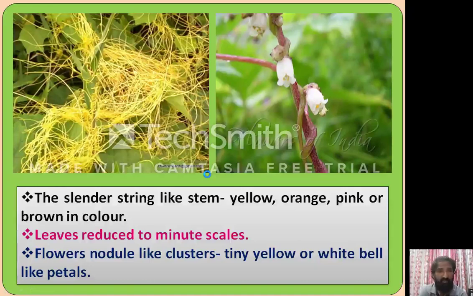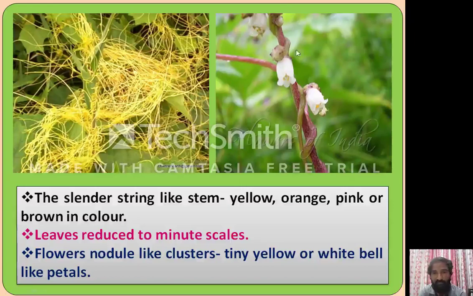The leaves are reduced to minute scales, so you do not observe any leaf. The green leaves are only the host plant's leaves. The twine does not have any leaf, that's why they are reduced to scaly leaves.